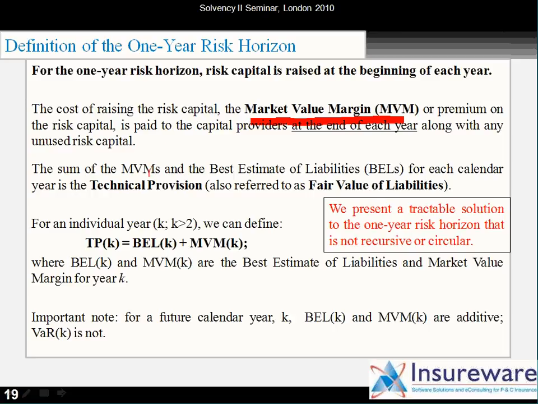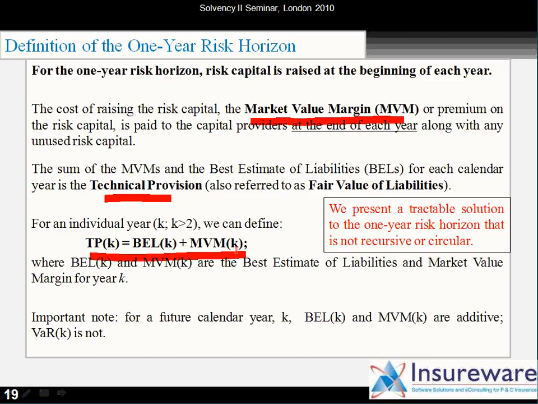The sum of the MVMs and the best estimate of liabilities for each calendar year is the technical provision. In fact, you can define the technical provision for any year K. For year K, it's the sum of the best estimate of liability, which is just the mean reserves, the mean loss, suitably discounted, and the market value margin for that year, which is the cost of the risk capital that has to be paid to the capital providers at the end of the year.